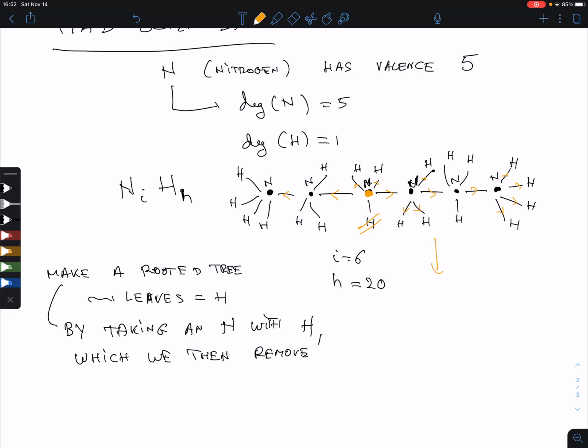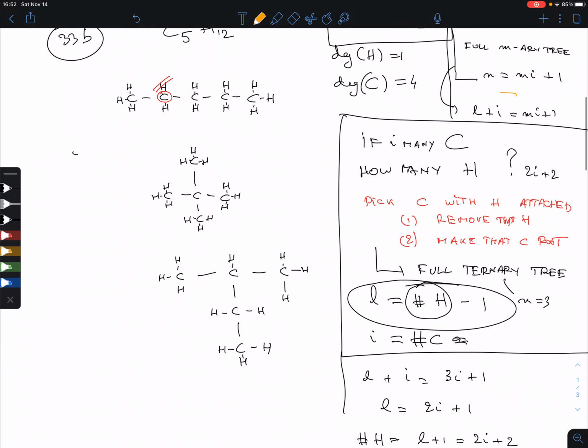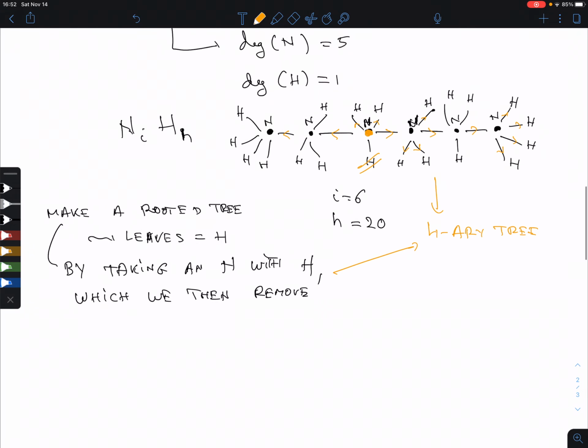So when I remove the hydrogen, we get a 4-ary tree, and I make one of the hydrogens the root. So this gives me a 4-ary tree. Okay, so we have the formula. This is the formula I'm going to use in this form here: L plus I is mi plus 1.